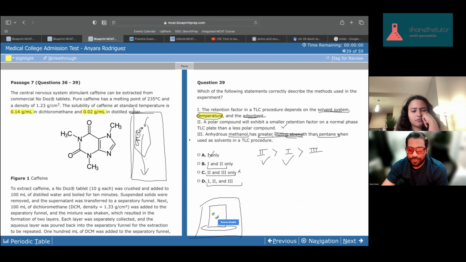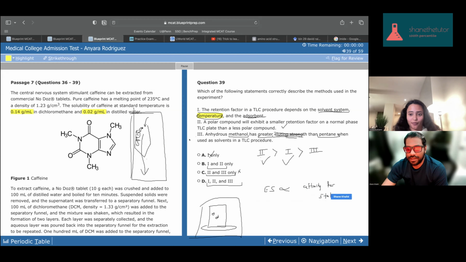And now if we apply it to this, elution strength should go up as the affinity for the stationary phase goes up. I would say to think of it that way. Eluting strength is proportional to affinity.